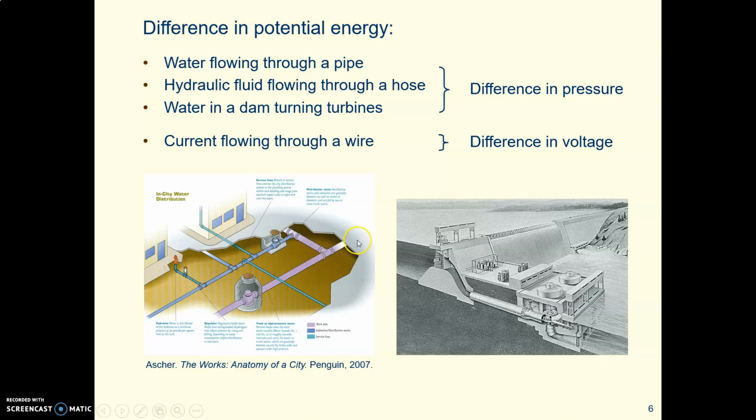So for example, you open your faucet and the higher pressure on the other end of the line makes water come out. Or in a dam, pressure of the water behind the dam makes the water flow through this tube. Likewise, in a wire, it's a difference in voltage that makes current flow through the wire.